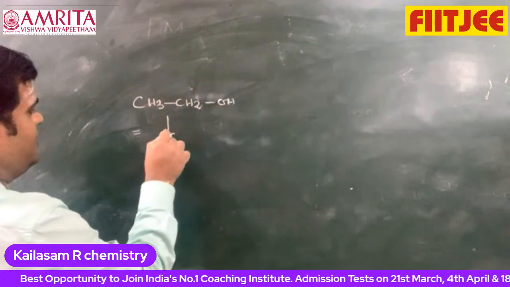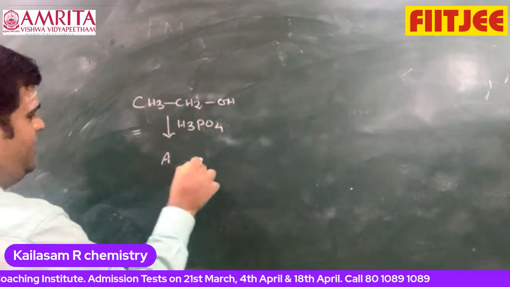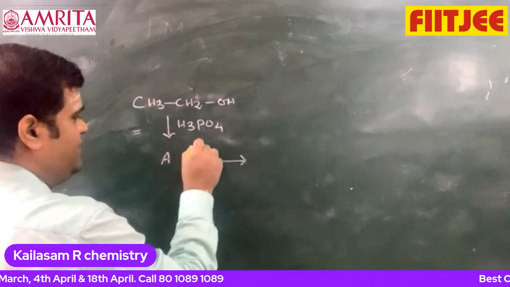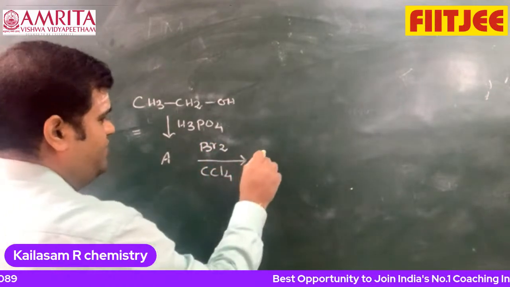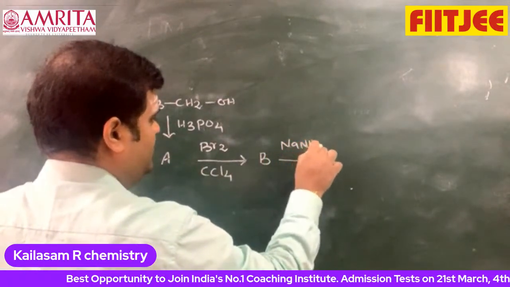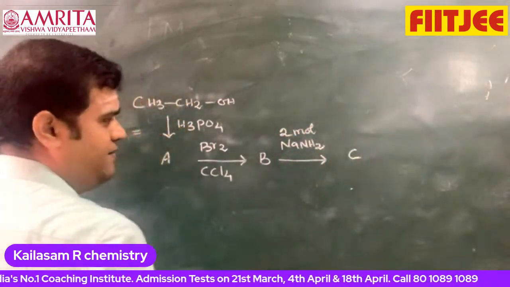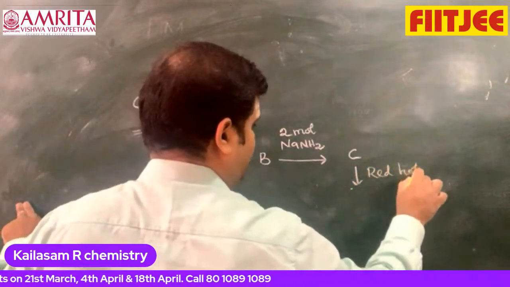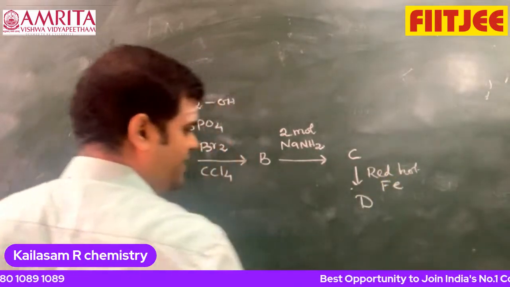OH, H3PO4, A. Next, we are going with Br2, CCl4, that is B. B with NaNH2, 2 mole, C. C with red hot iron, we will get this D.